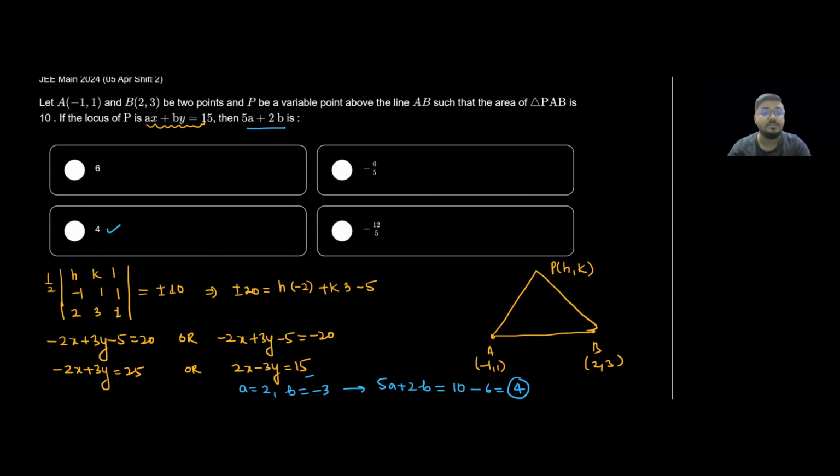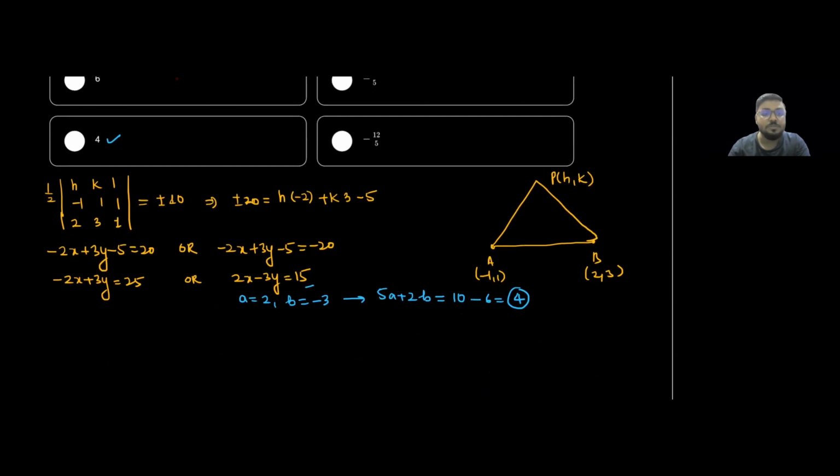And from the first equation, we have to convert to 15. Let us try to convert here: we should multiply this entire equation, both sides, by 3 by 5. That makes it -6 by 5 times x plus 9y by 5 equal to 15.